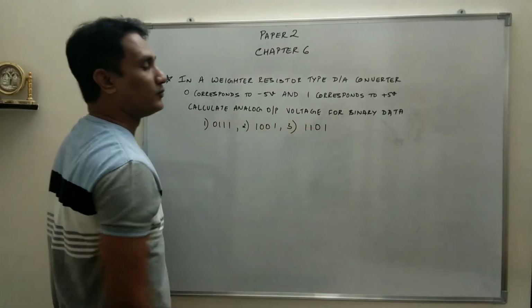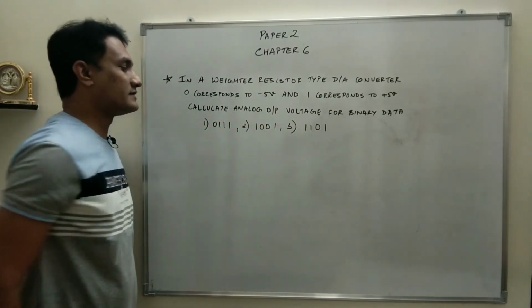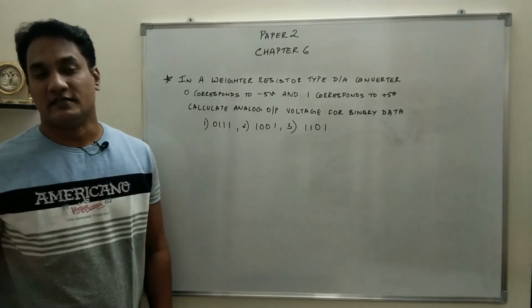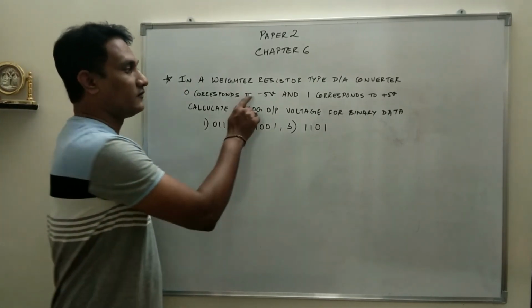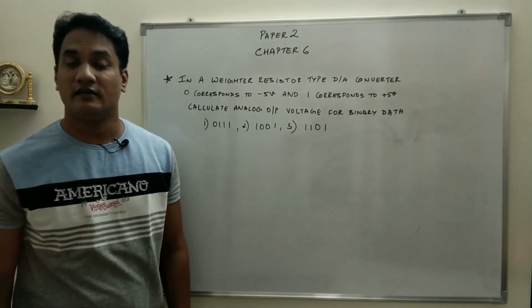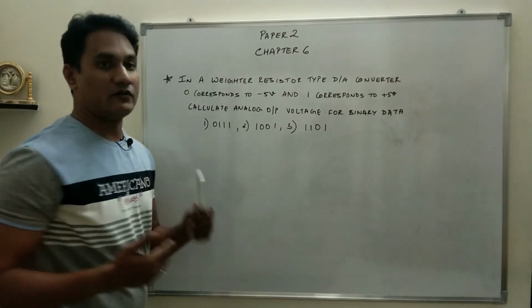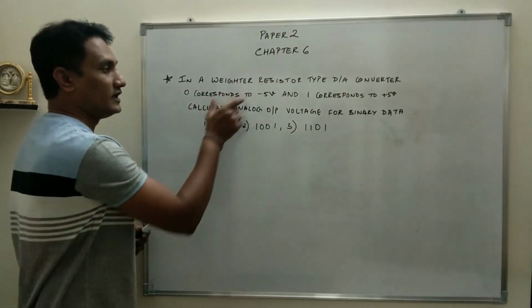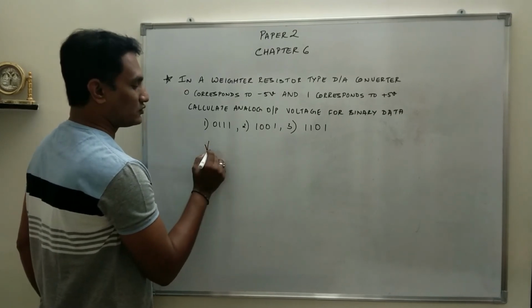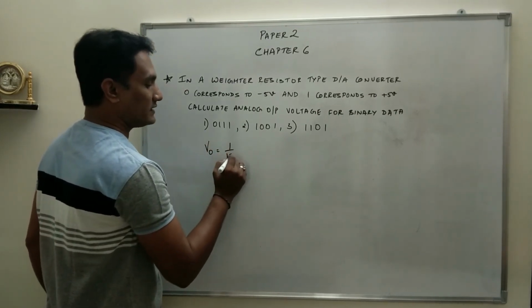Calculate analog output voltage for binary data 0111, 1001 and 1101. So here the voltage levels have changed. Of course, the analog voltage will change accordingly, right? So you have to get used to it. You have to see the voltage level and work accordingly. So first step is to write the output voltage equation.